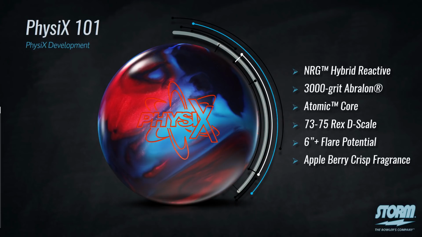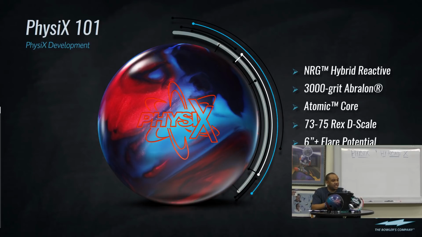Right, it goes back to the Sherlock. Great for the fresh. I haven't had a ball that's been better for the fresh since I've been here. I get about a game and a half, and it starts to just not do the right thing. But the Physix, I've been able to throw it into game 1, game 2, game 3, and if I need to, I bet I can throw it into game 4 and 5.